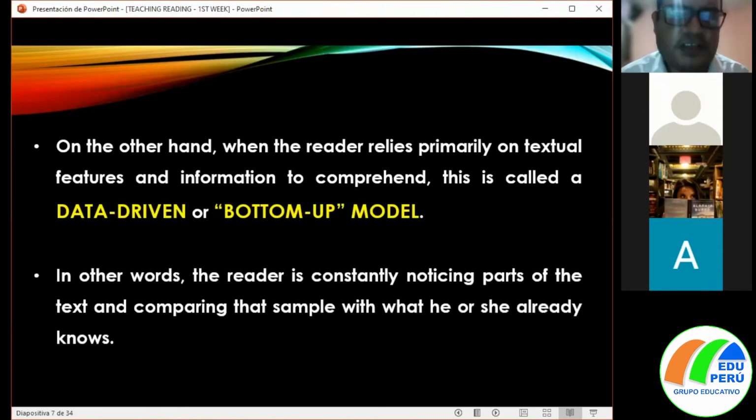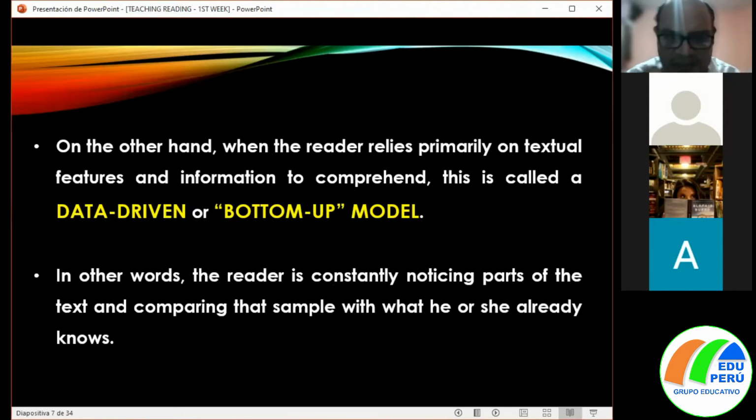In other words, the reader is constantly noticing parts of the text and comparing that sample with what he or she already knows. This is what we do when we read something. We are going to constantly notice parts of the text, analyze the text. This is the meaning of this word.